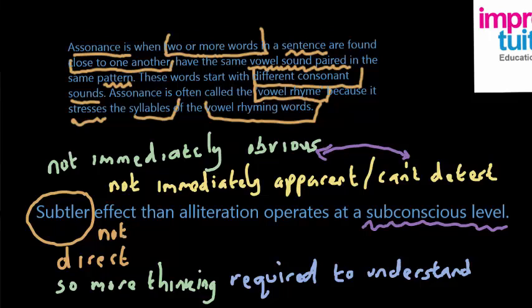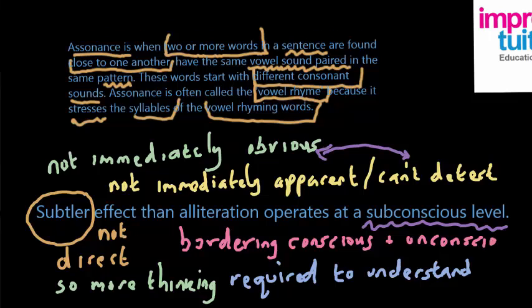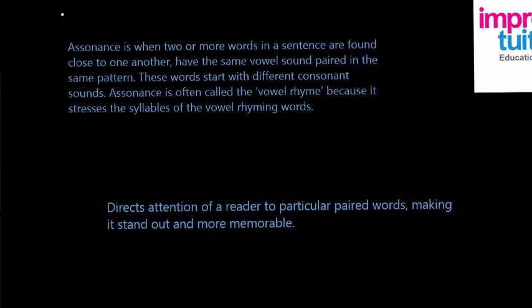So assonance is working with the subconscious mind, which basically means it's bordering your conscious and unconscious mind. Assonance directs the attention of a reader to particular pairs of words.